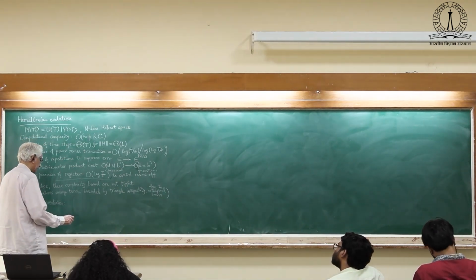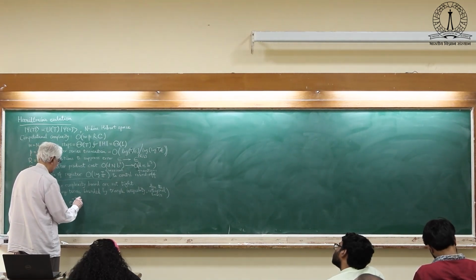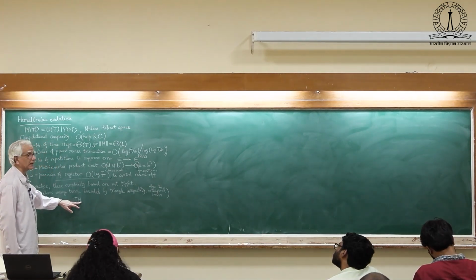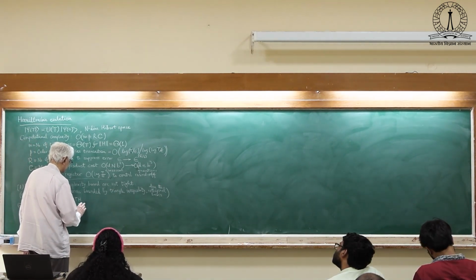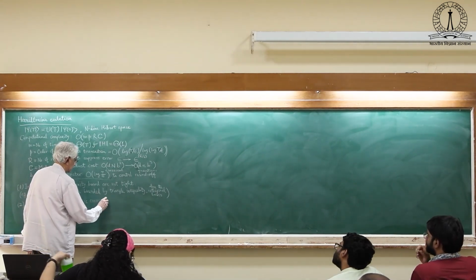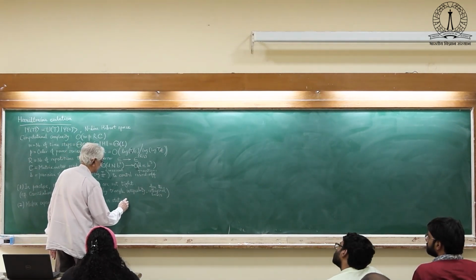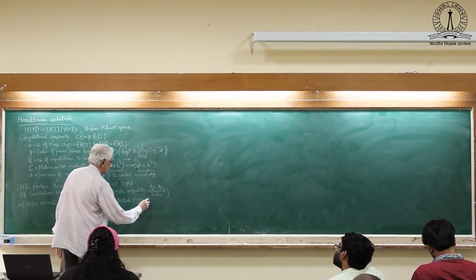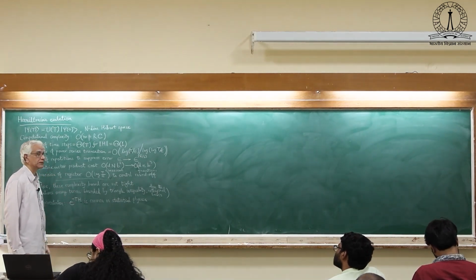Suppose we want to just calculate a quantity like this, which is common in statistical physics problems: the exponential of the Hamiltonian with some negative prefactor.